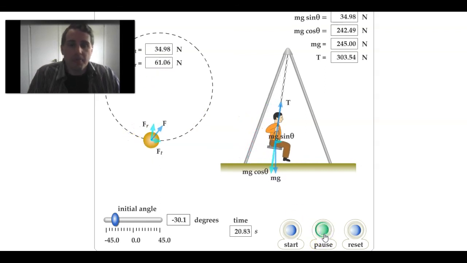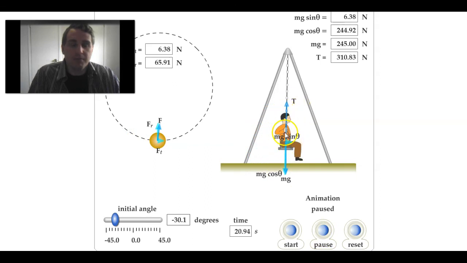But notice the tension force is going to be greatest at the bottom, okay? And the tension force is actually going to be larger than the weight. Why is that? So I kind of misspoke earlier, and sorry for that. The tension force is equal to the weight plus the centripetal force. How do I know that? Because if the tension force is only equal to the weight, then the object would just be staying put.